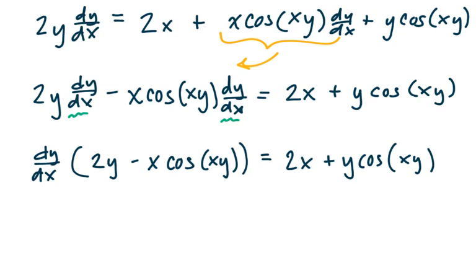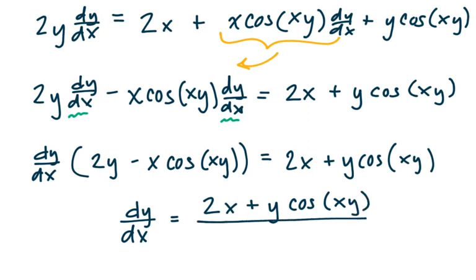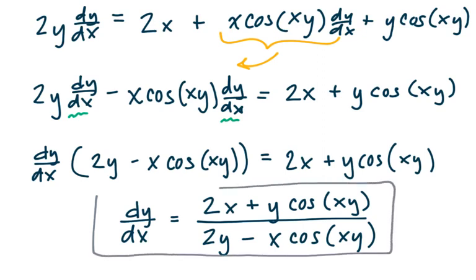And then our last step would be to divide on both sides, isolate that dy dx, and simplify if possible. And in this situation, there really isn't much more simplification. I'm going to end up with 2x plus y cosine xy divided by 2y minus x cosine xy. And that, my friends, is our final answer. That is my implicit derivative. That is the derivative of y with respect to x.